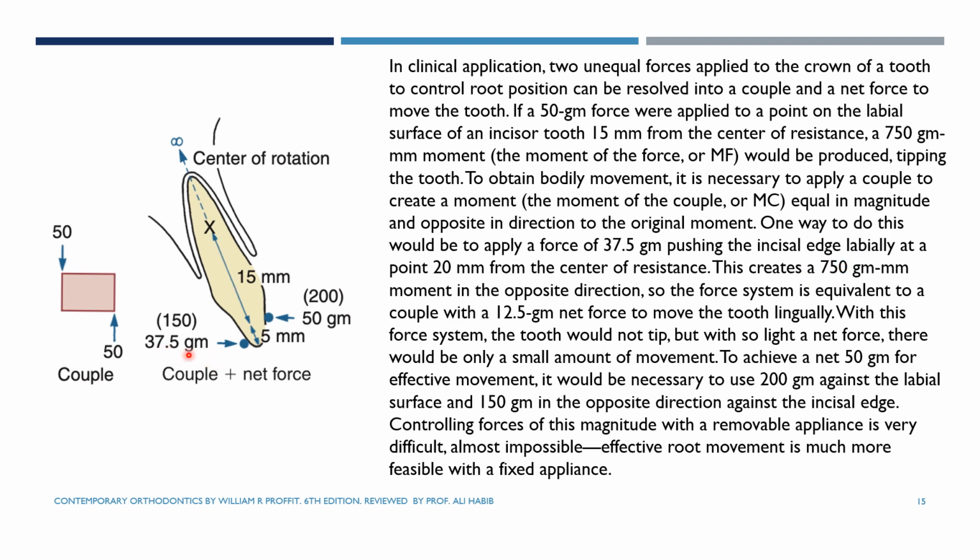However, because this force is smaller than the 50 gram, which was closer to the center of resistance, the net force will be the difference between the two, 12.5 gram in the lingual direction, and this will prevent tipping. So the net result will be a lingually directed force of 12.5 gram, plus the moment of the force, MF, and another moment of the couple, or counteracting moment. Because they are equal, they cancel any tendency for rotation. We expect the tooth to move in the lingual direction.